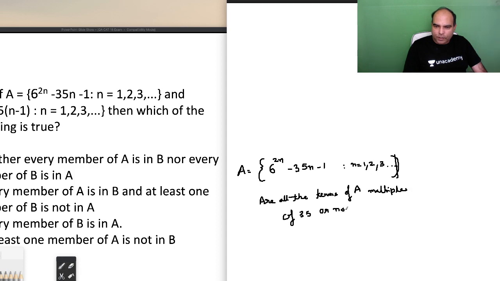That's the basic test in this question. Are all the terms of A multiples of 35 or not?